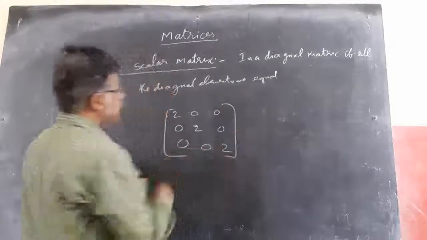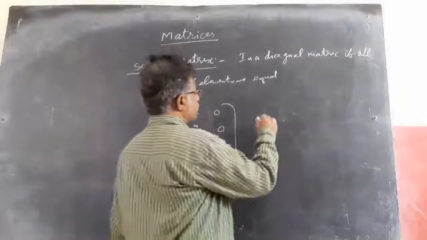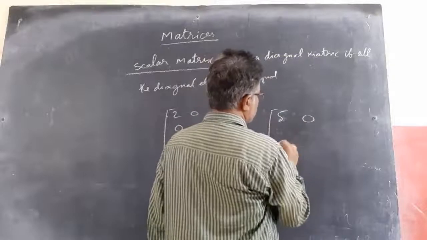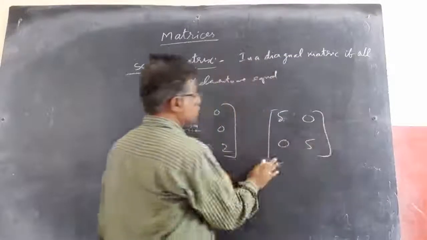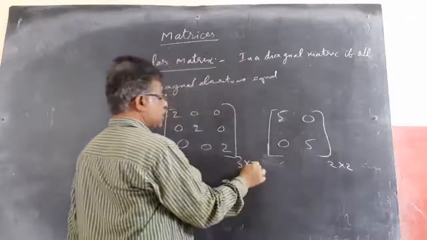Another example: 5 0, 0 5. This is a scalar matrix of order 2 by 2, and this is a scalar matrix of order 3 by 3.